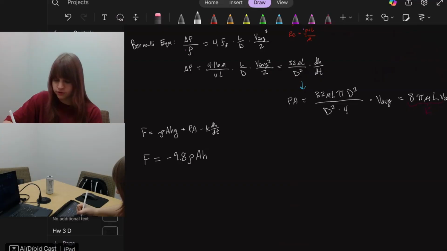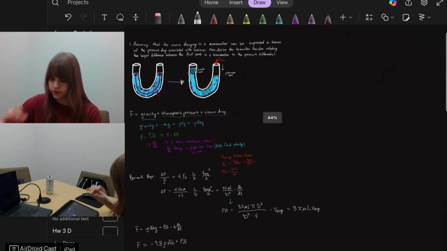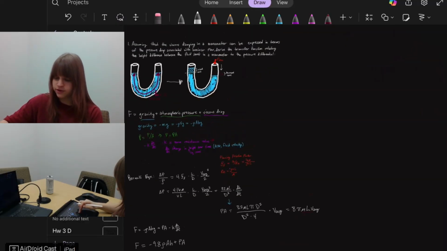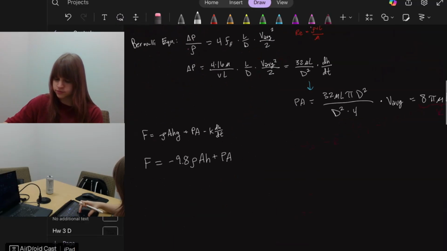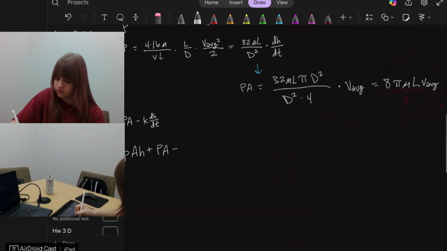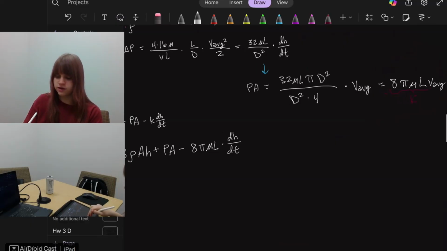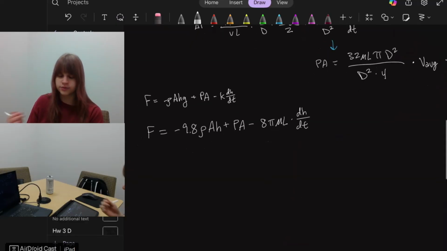And then we're adding the pressure times the area, because we've denoted that direction to be positive. And then we're subtracting K, so that's 8 pi mu L times dH dt. Remember, dH dt is our average velocity that we talked about.